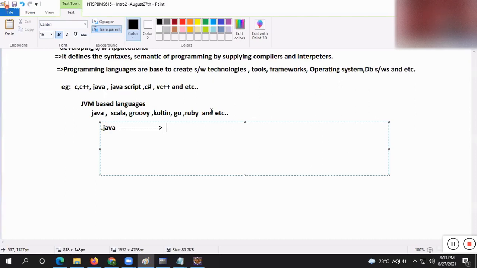Functional programming was originally not released in Java, boss. It was originally released in Scala. In Scala, it became hugely popular. Then Java people got inspired from that and started supporting functional programming in Java 8. Next, we can declare a variable by using the var keyword. In, I think, Kotlin language, it is possible.